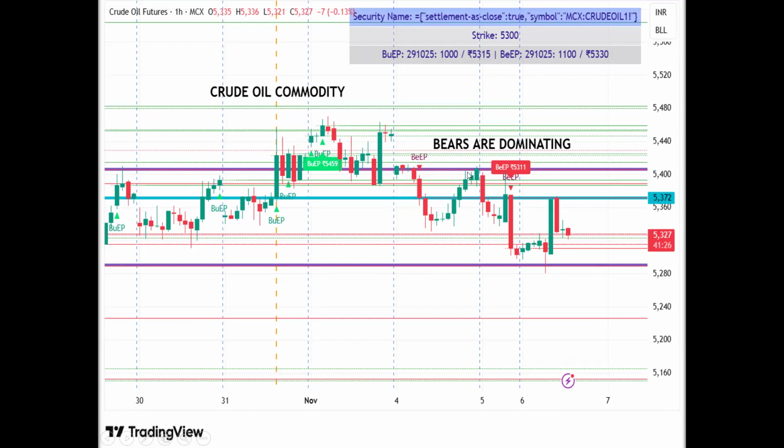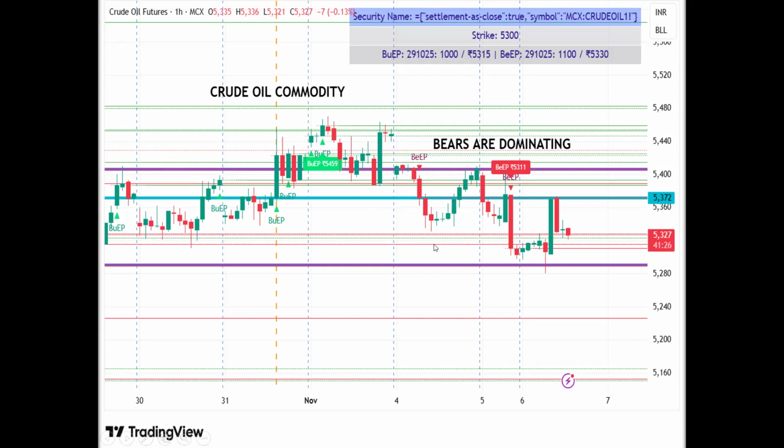This is a sell-on-rise. When the price touched that level, the price plummeted. The market makers cannot trap you. You will be with clarity, you know that they are trapping, and you will be ready for a sell-on-rise opportunity in this crude oil.